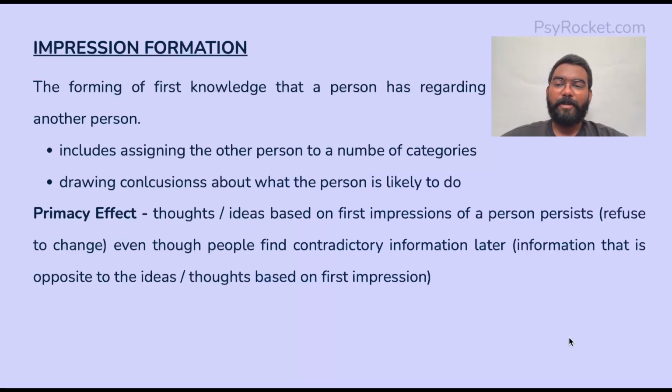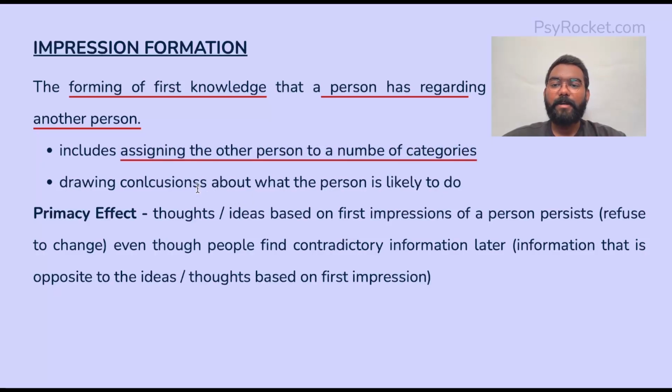Coming to impression formation. We all know first impression is best impression, there is a saying. It is nothing but the forming of first knowledge that a person has regarding another person. Simple. Impression formation works in 2 ways. It includes assigning the other person to a number of categories, or drawing conclusions about what the person is likely to do, like drawing conclusions about their behavior.